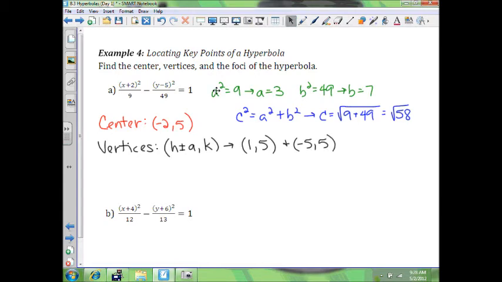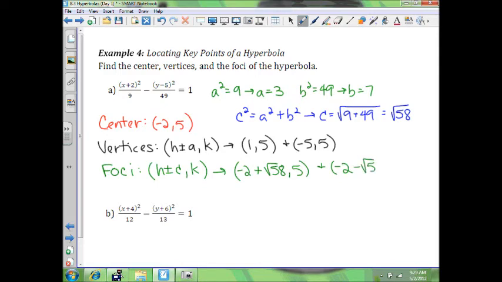There are our vertices. Our foci, the h plus or minus c, k. So we'll have h, which is negative 2, plus the square root of 58. So there's our foci right there.